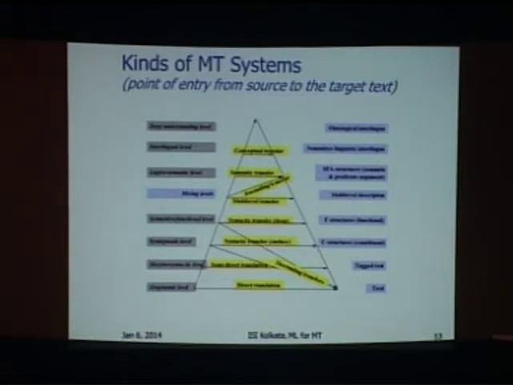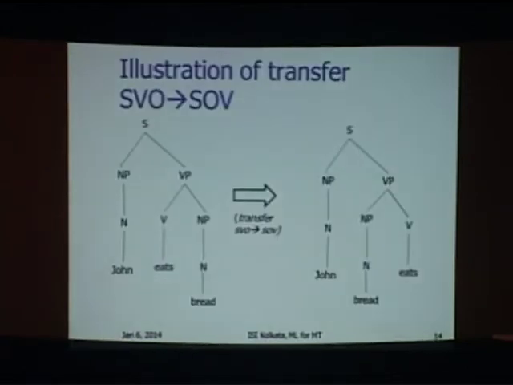But most languages require some amount of processing, and then going to the target language side and producing the target language. So, an illustration of transfer: converting SVO languages to SOV. John eats bread.